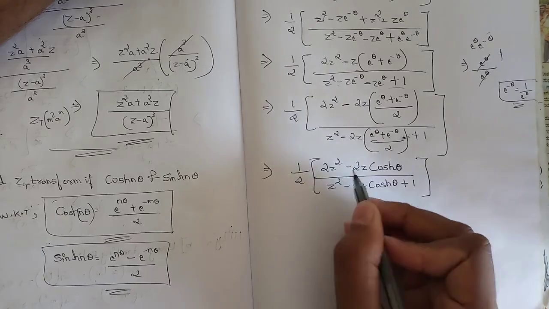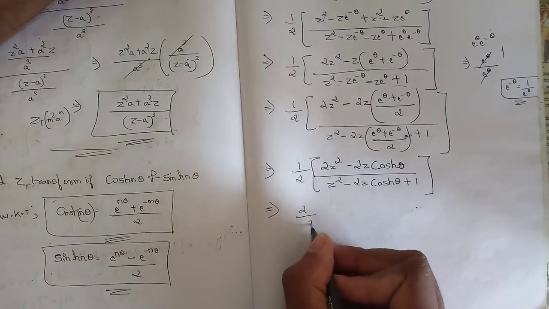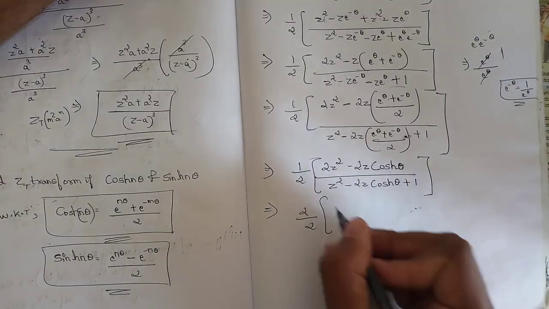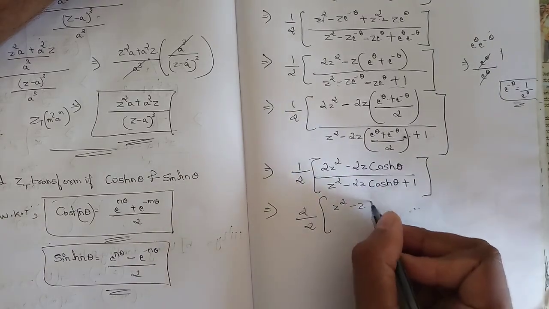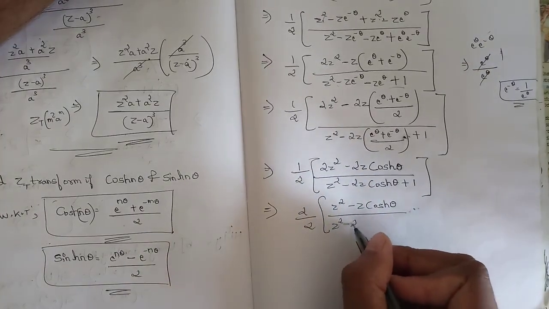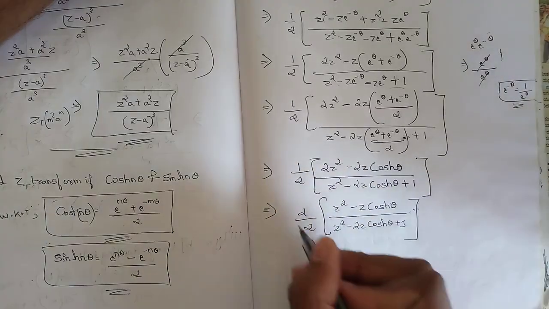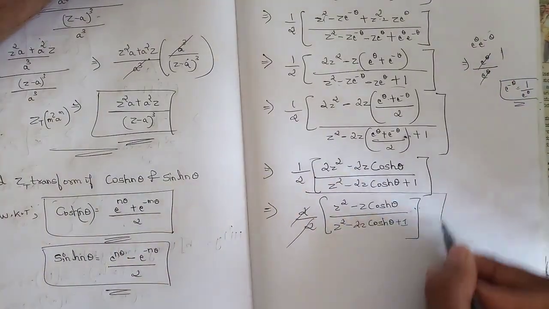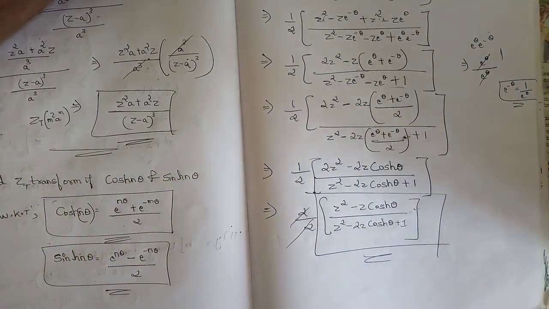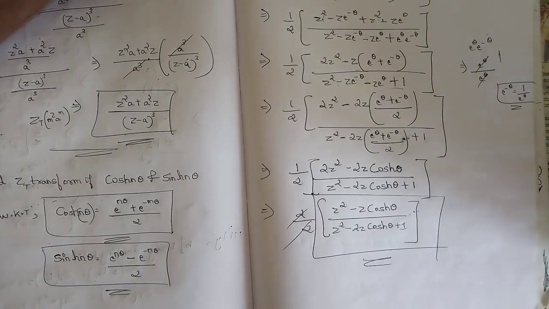So again in the numerator we can see that 2 is common, right? Take that 2 outside and write the remaining terms, z cos h theta, z square minus 2z cos h theta plus 1, and cancel this 2. So this is the required z transform of cos h n theta.